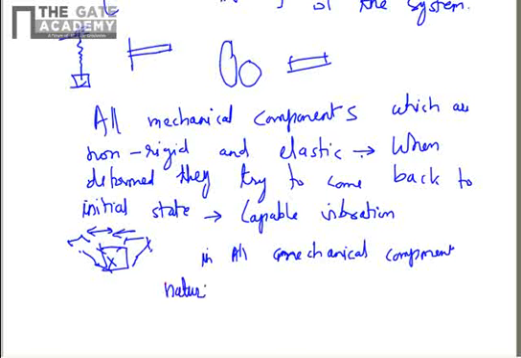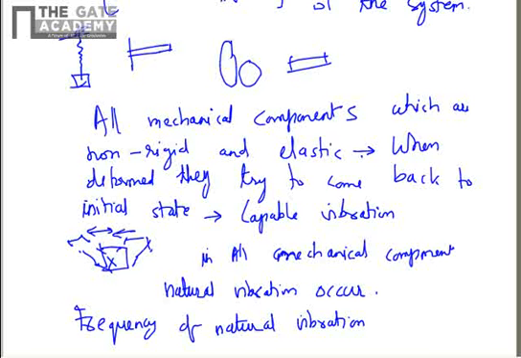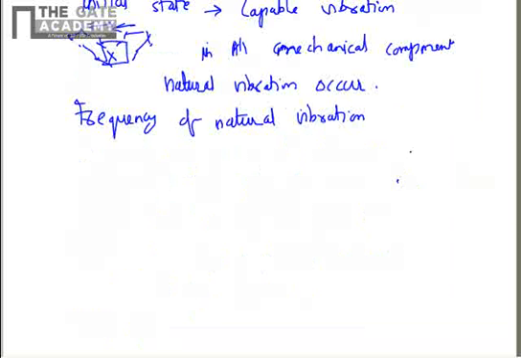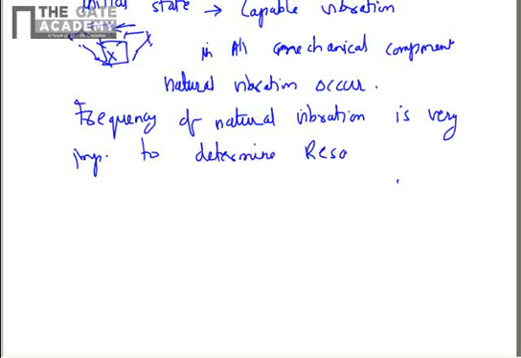So natural vibration occurs. So the frequency of natural vibration is very important to determine resonance. So from here you can get an idea of what is resonance. When a system is deformed from its natural state, it will resonate at its natural frequency.